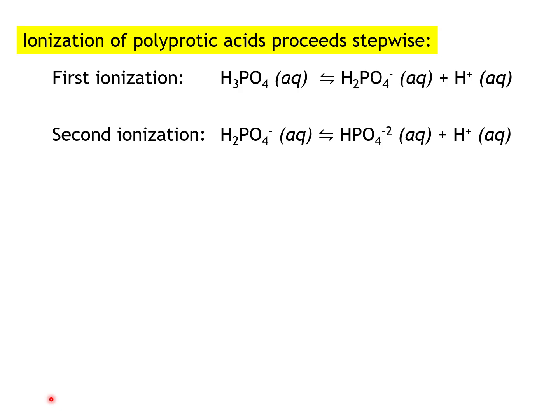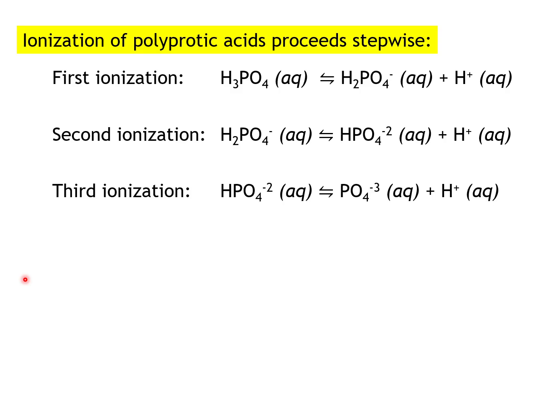And then we have a second ionization where dihydrogen phosphate is going to lose a hydrogen ion to make hydrogen phosphate and a hydrogen ion. And then we have our third ionization where we lose that last hydrogen ion. This is kind of important to be thinking about because when you determine pH, it is the concentration of the hydrogen ions that are important, not necessarily or always related to just what the initial concentration of the non-dissociated acid is.